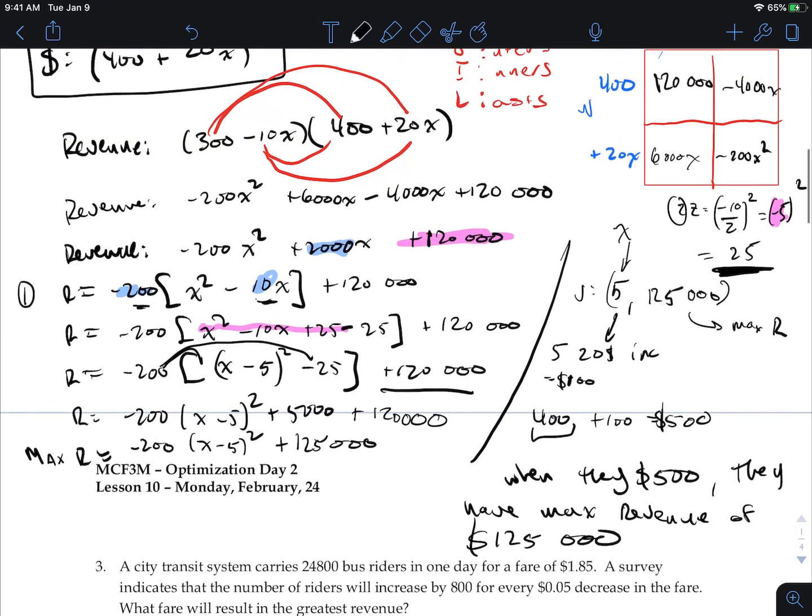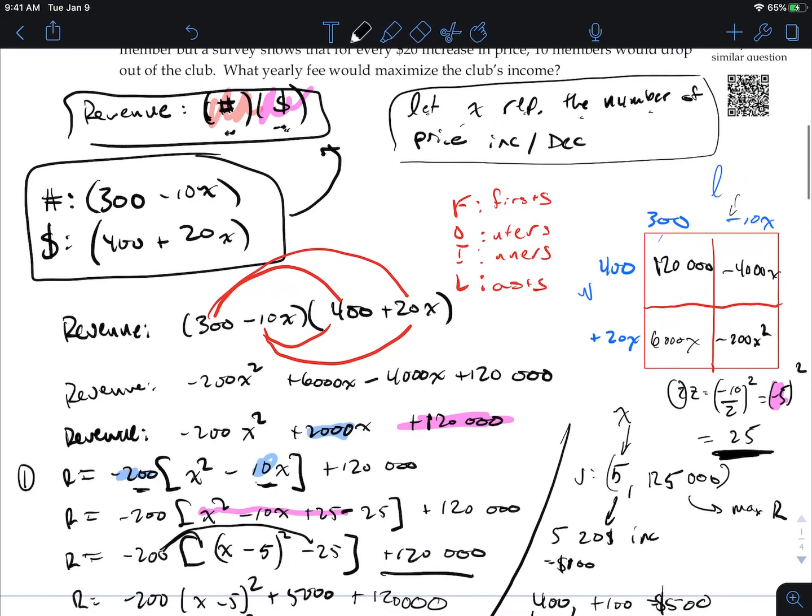Seems like a lot, but really it's a couple of processes. The hard part is these equations here, which we use when we're dealing with maximum revenue. What would be the opposite of maximum revenue? If you were a business, obviously you're trying to maximize revenue, but what would be the opposite of that?